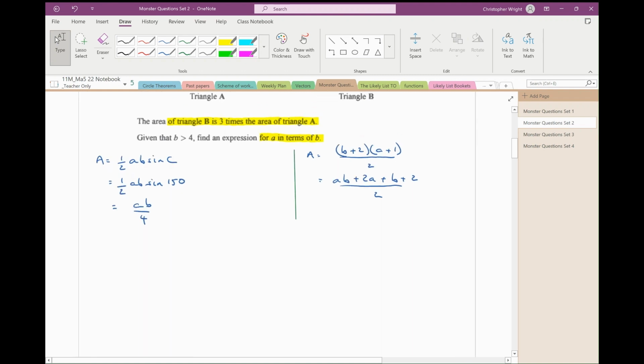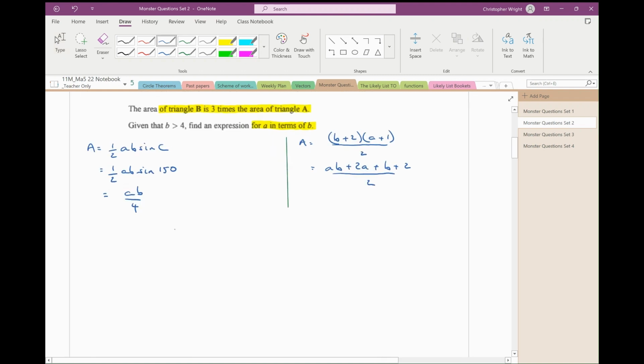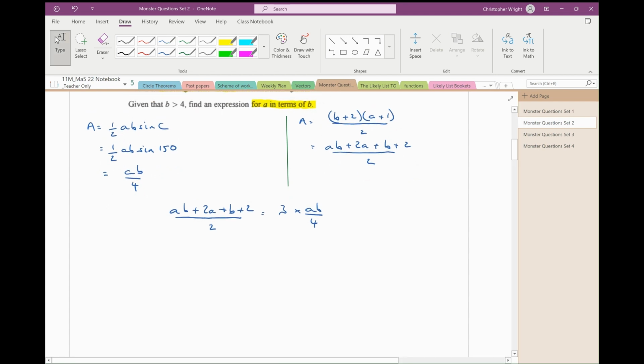Now, in the question it says that the area of triangle B, which is this expression, (AB plus 2A plus B plus 2) over 2, is equal to 3 times the area of triangle A. So there is my expression, but I want an expression for A in terms of B. So I want to make A the subject.